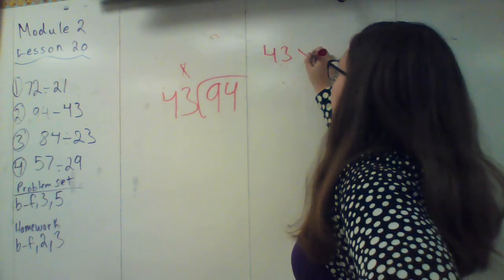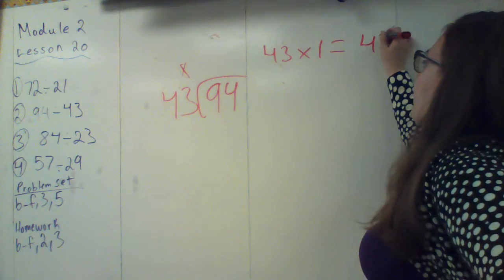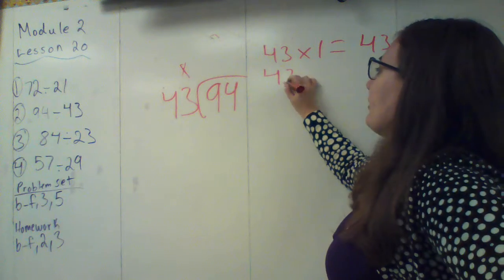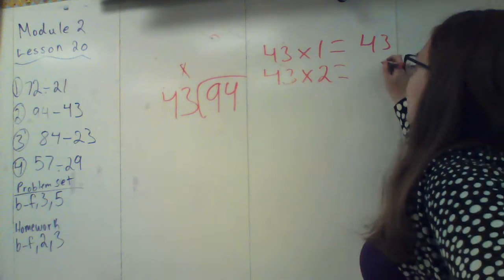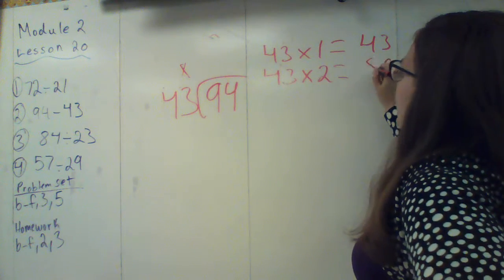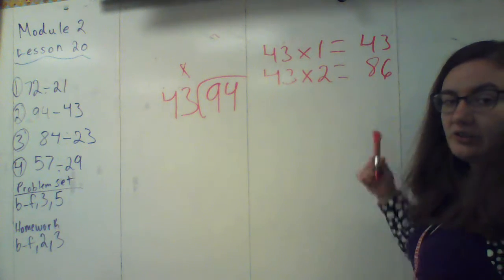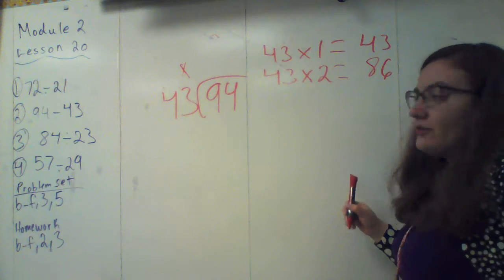So 43 times 1 equals 43. 43 times 2, well, 3 times 2 is 6, and 4 times 2 is 8, so 86. So 86 would actually work because it's less than 94.